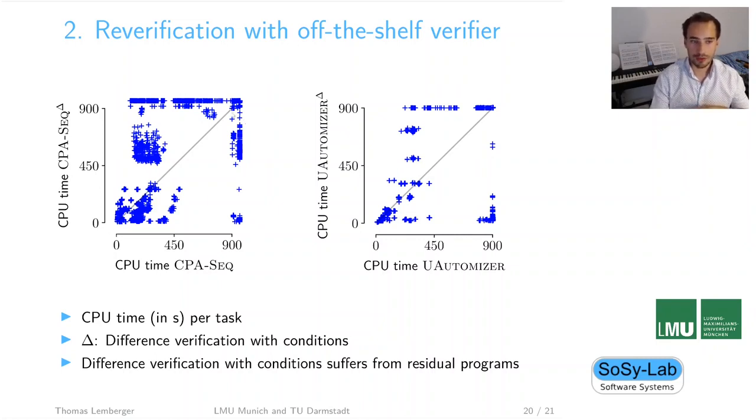But there are also a lot of tasks where we perform worse. And we have to make the reducer-based construction of the conditional verifier responsible for that, because it completely changes the structure of the program. So we hope that once the reducer-based construction of conditional verifiers improves, this technique automatically improves with it.